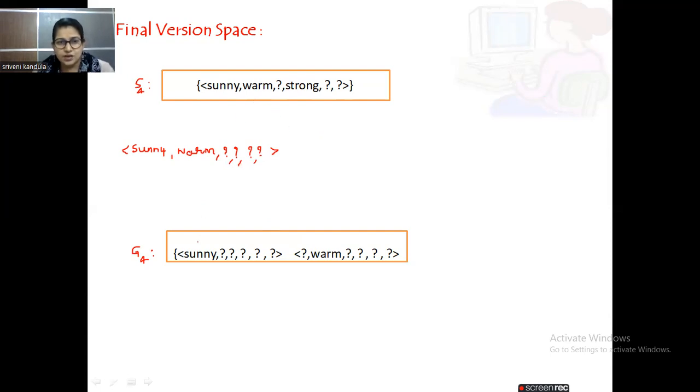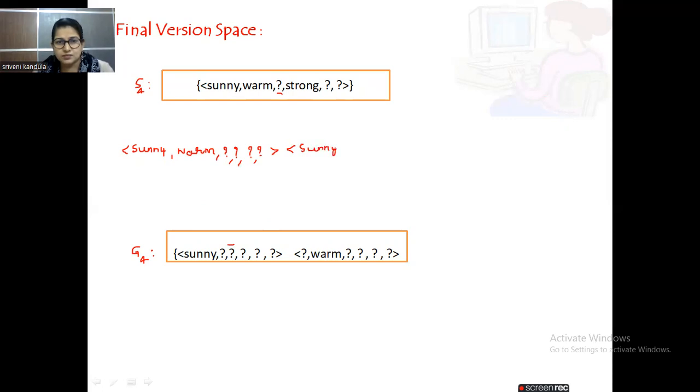Next, once again, let us compare sunny, sunny. For this form, we already added it. So let us start with the third question mark. Here I have strong, here I have a question mark. So again, let us replace this question mark with the specific value strong.